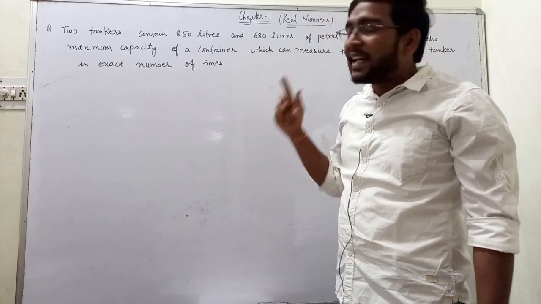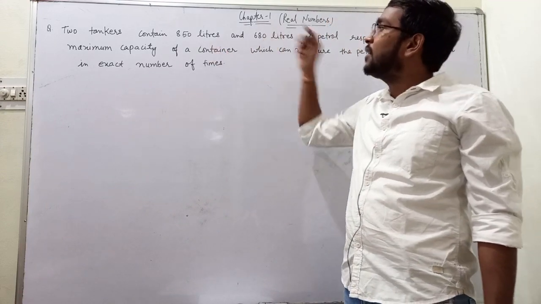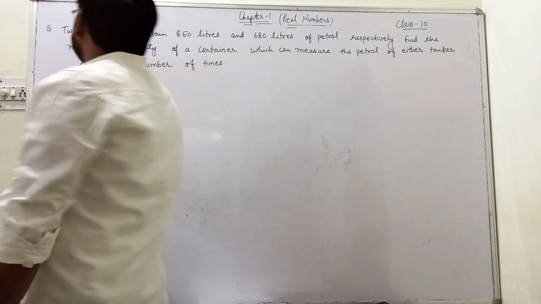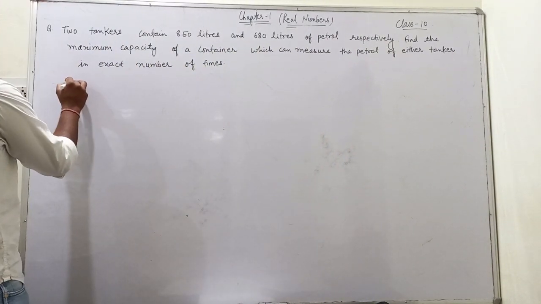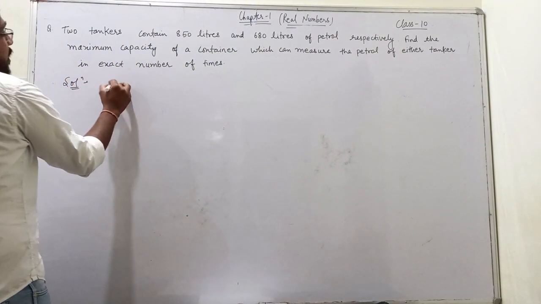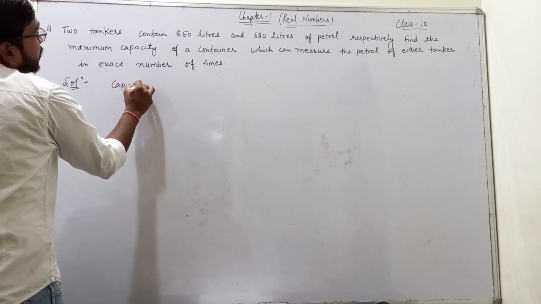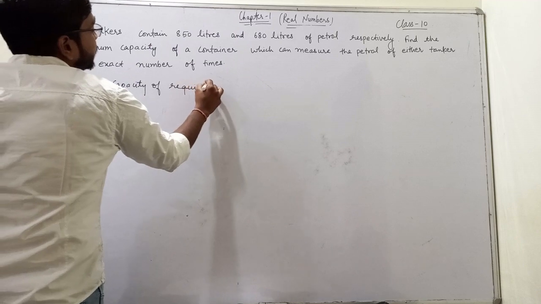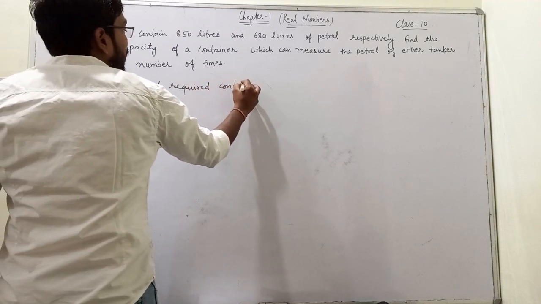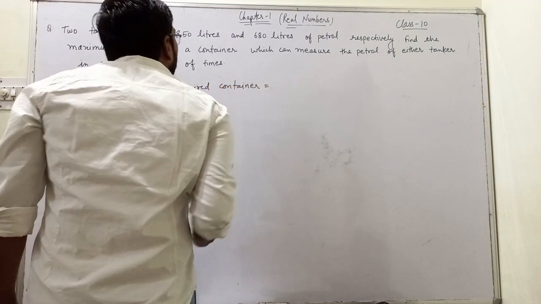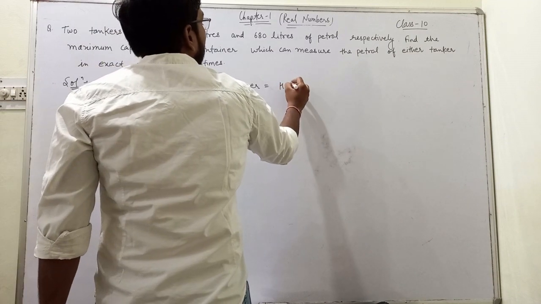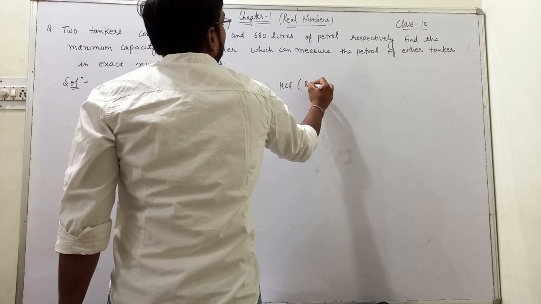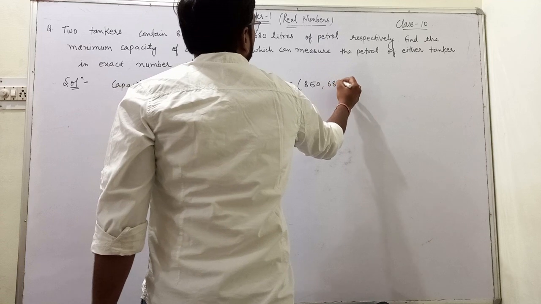So I need to find the HCF of 850 and 680. So we can simply write: capacity of required container equals HCF of 850 and 680.